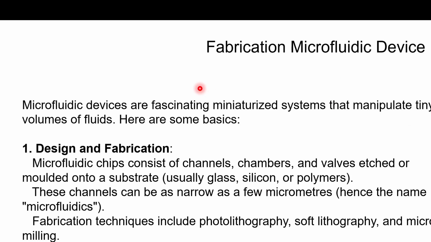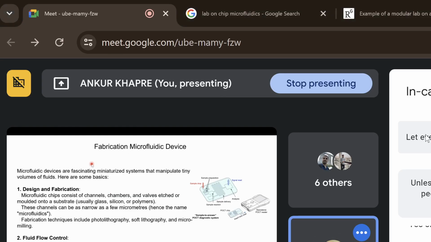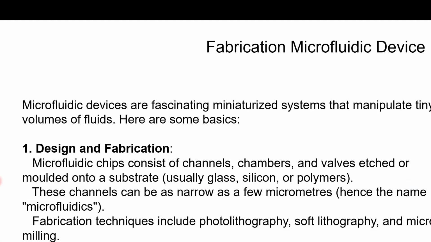So for fabrication, here I'm showing the fabrication of the microfluidic devices. For design and fabrication, it will have different kinds of channels, chambers, and walls, or molding of the substrate using polymers. These walls can be etched or molded.